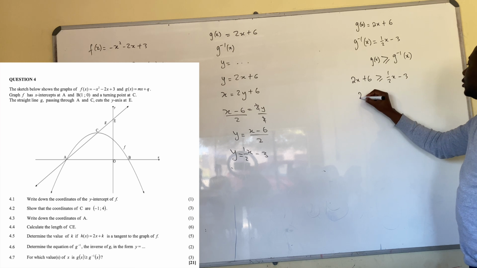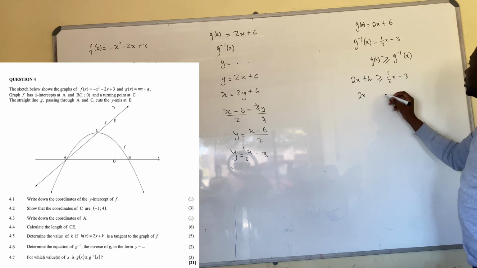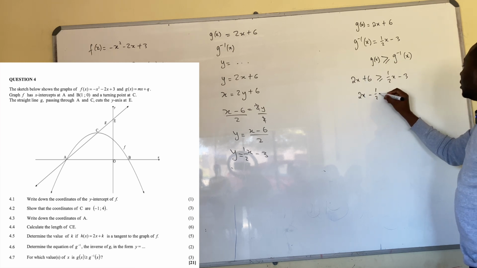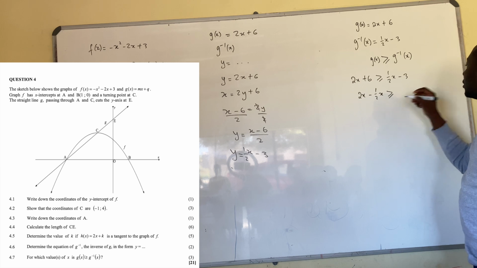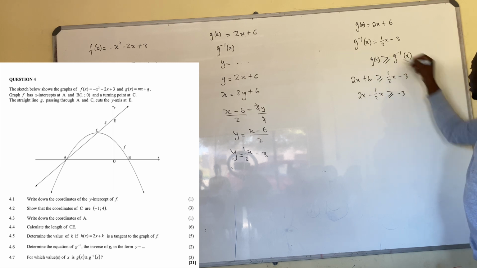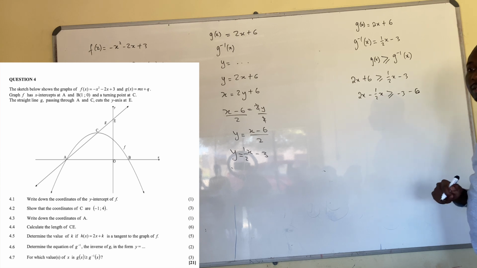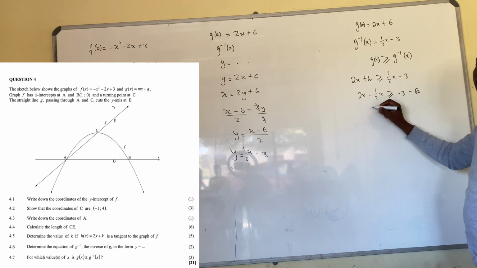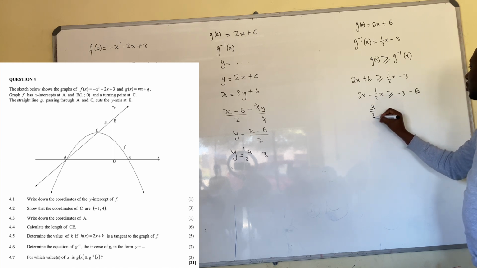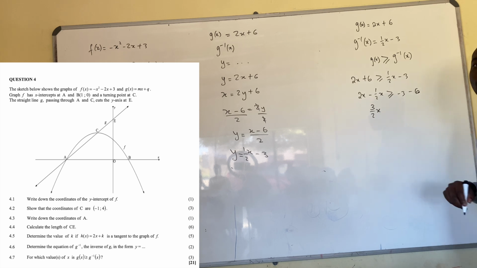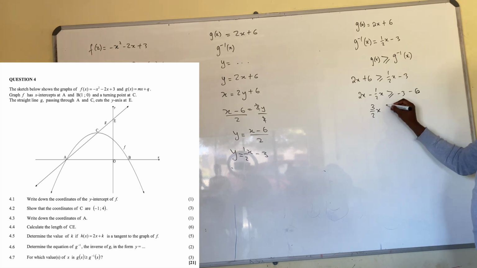So we put 2x minus half x greater or equal to negative 3 minus 6. What do you get here? 3 over 2 x, because 2 minus half is 3 over 2, so 3 over 2 x greater or equal to negative 9.